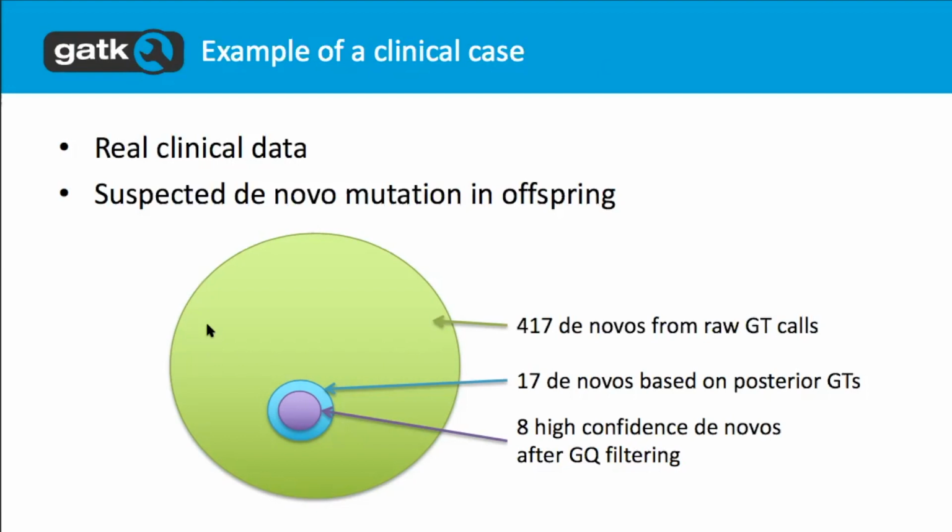And so the first step of genotype refinement, based on the posterior adjusted genotypes, narrowed that down dramatically to just 17 candidate de novo mutations. And after filtering based on the genotype quality, they brought that down to 8 very high confidence de novo candidates.